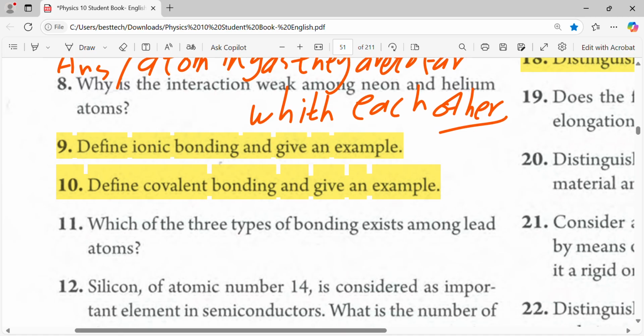Question 9. Define ionic bonding and give an example. Guys, we studied three types of bonds: ionic bond, covalent bond, and metallic bond. What was an ionic bond? If you remember, an ionic bond is by losing electrons and gaining electrons. How did we study that? For example, NaCl.